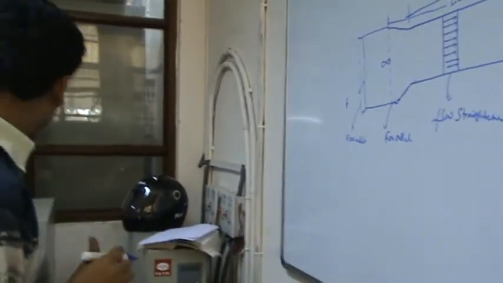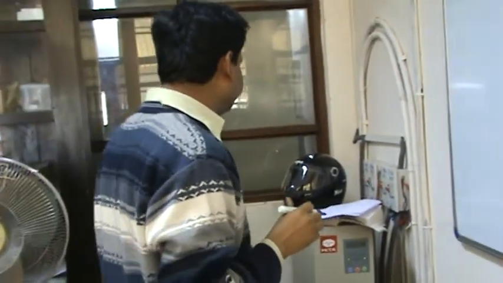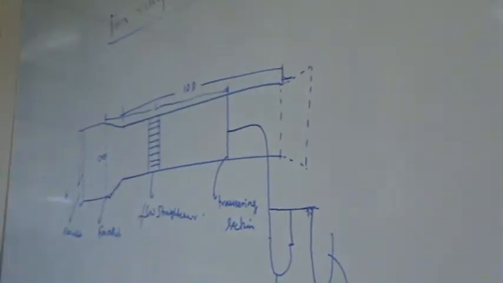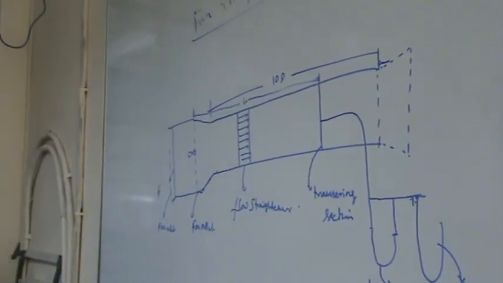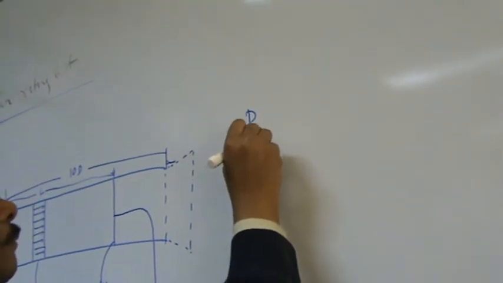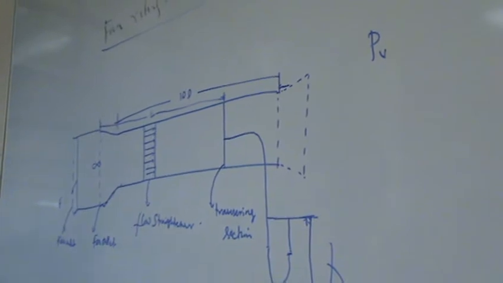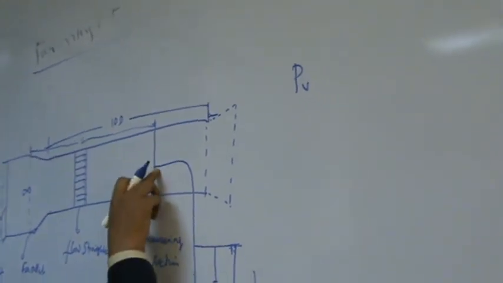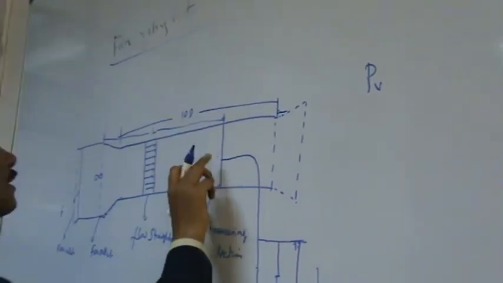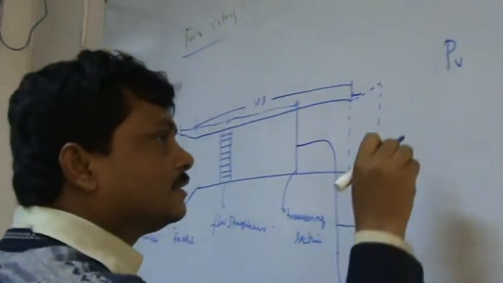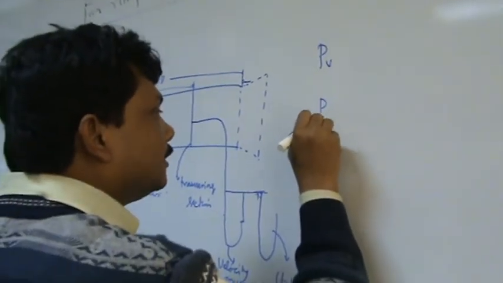Now let us see how we can find out the fan velocity pressure. Let's say fan velocity pressure is PV, and we measure the velocity pressure at the traversing section, which is the velocity pressure of the duct. Let's put it as PV0.